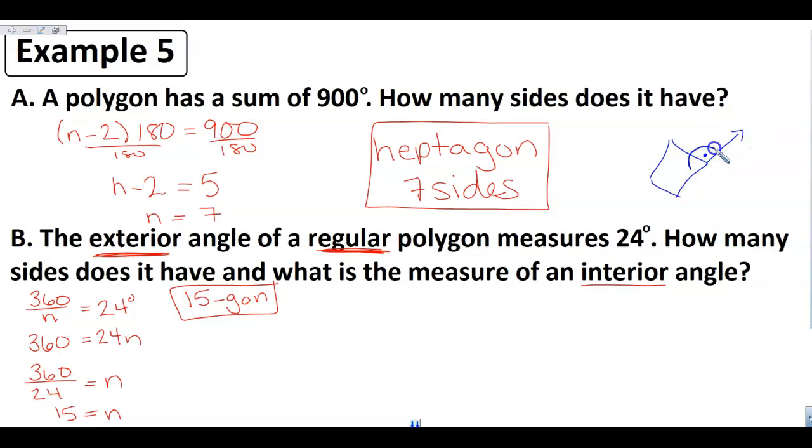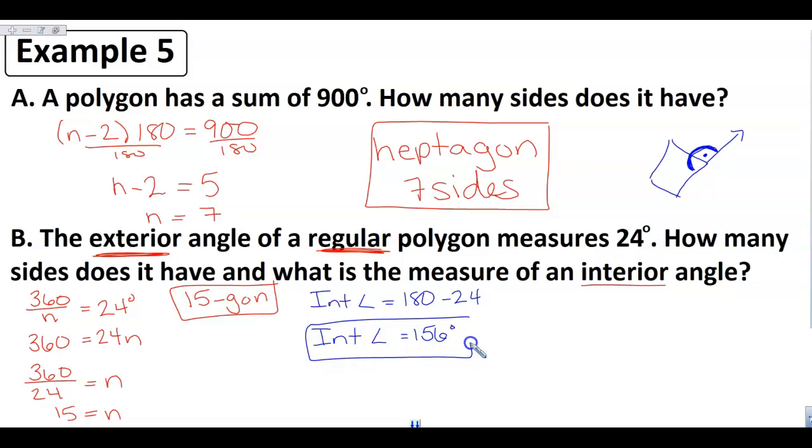What do we know about these two angles? They are a linear pair, so they add to 180. So the interior angle is just going to be 180 minus 24. So my interior angle is going to measure 156 degrees. Do it the easy way.